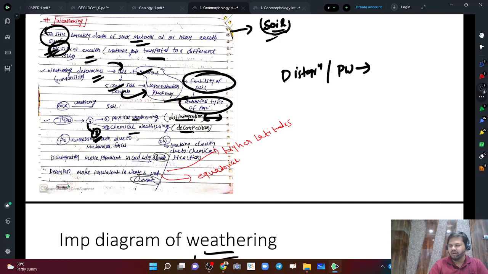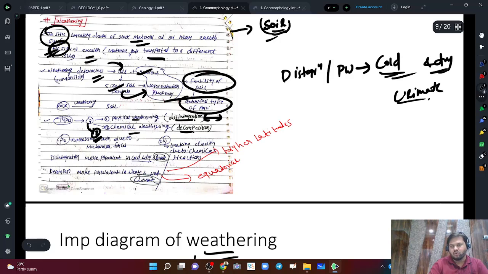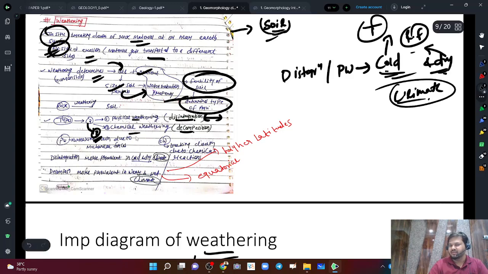So physical weathering. You can just remember this fact, that it dominates in cold and dry climate. Cold is associated with what? Temperature, right? And dry and wet is related to rainfall. So if the rainfall is low and temperature is cold, temperature is also low, rainfall is also low, at those places physical weathering dominates, right?